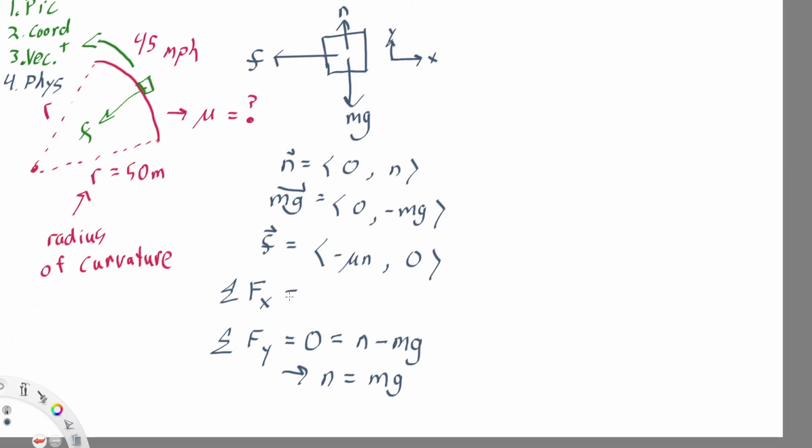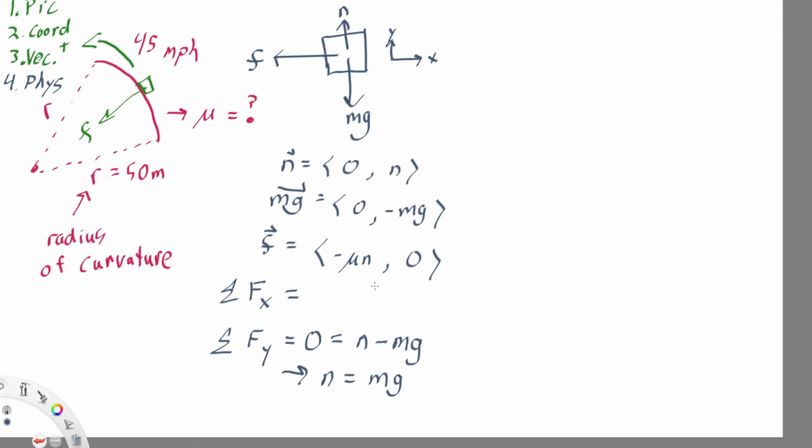In the x direction, now remember, our friction is going off to the left because we're constantly making a left turn on this on-ramp. So if we're moving on this circular path, the sum of forces in the x direction is not 0.